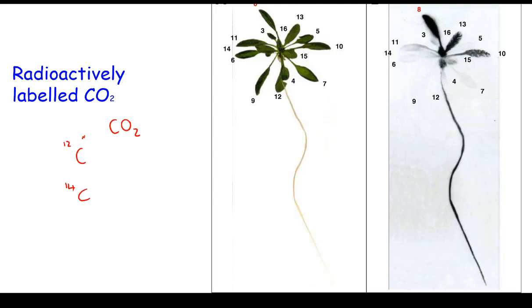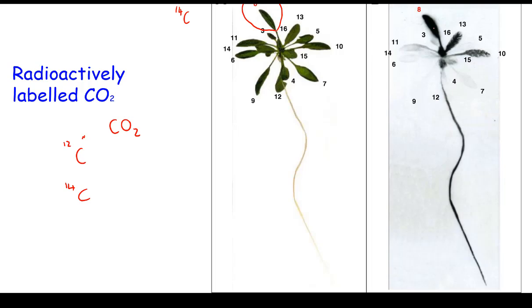So what we can actually see here is a little leaf. What they would have done in this case is put a little bag around this. And within that bag, they would have put the radioactive carbon dioxide, allowed this leaf to photosynthesize, and then put it under an X-ray after a certain period of time to see where all the sucrose has been transported to.